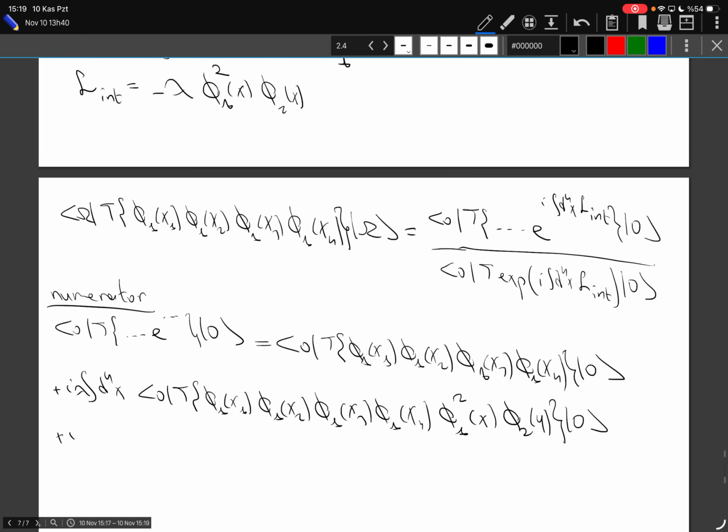Then I have plus i lambda squared over 2 factorial. There's a minus here. Minus i lambda squared over 2 factorial. The minus is because the interaction Lagrangian density has minus lambda. d4x, d4y.